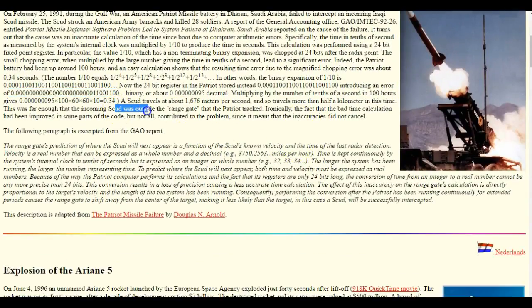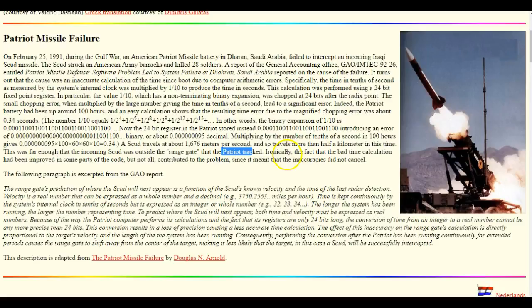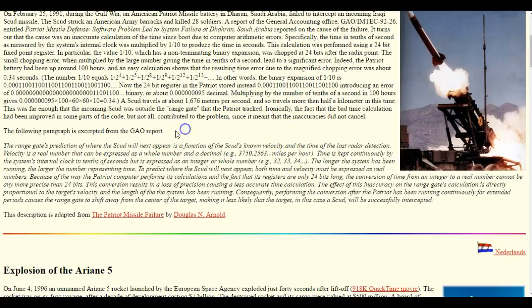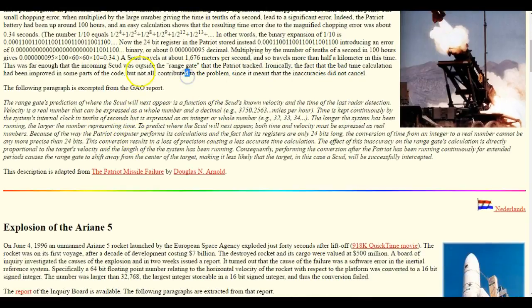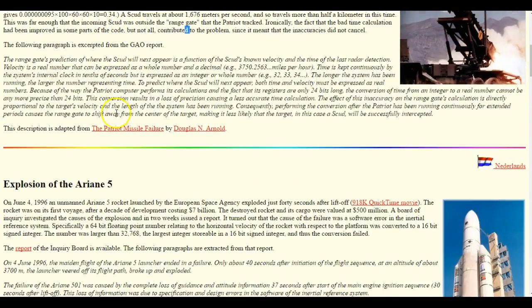So the Scud was outside the range gate that the Patriot tracked, and unfortunately it missed the value. But by going through this, the fact that the bad time calculation had been improved in some parts of the code, but not all, meant that the inaccuracies did not end up canceling out when they fixed the problem. So you got to be really careful as a programmer.